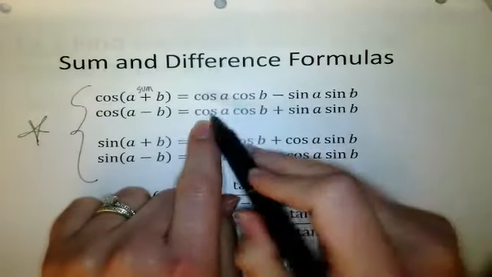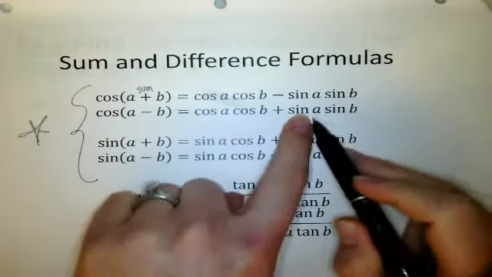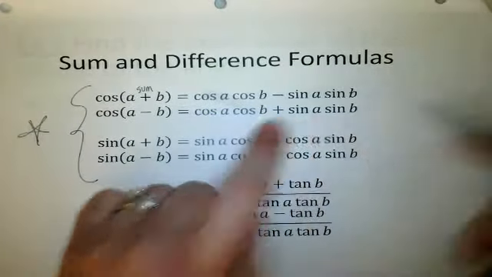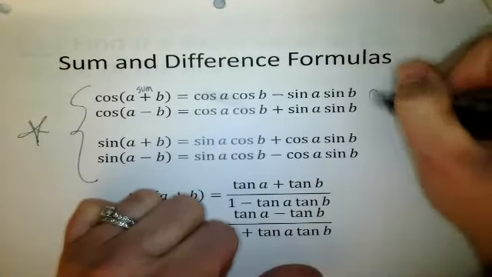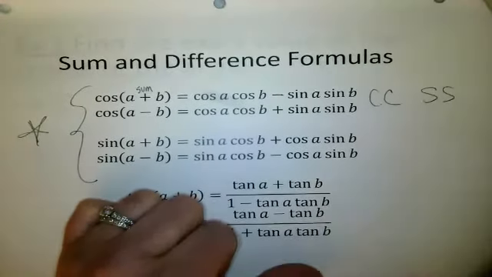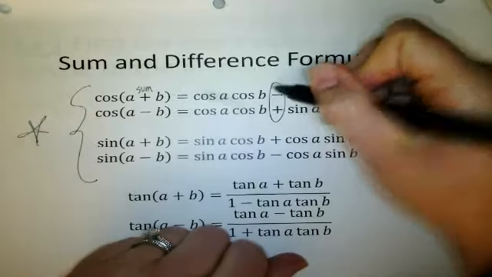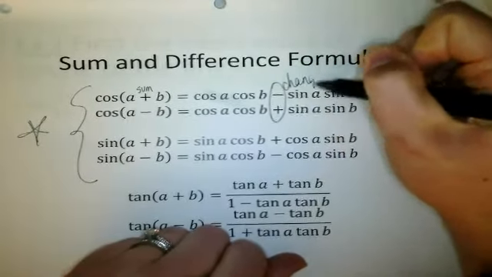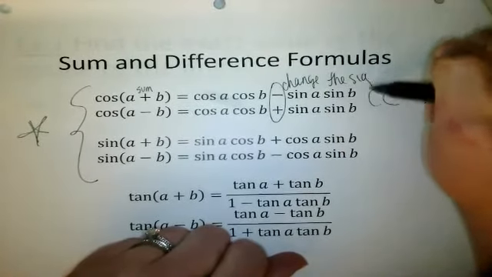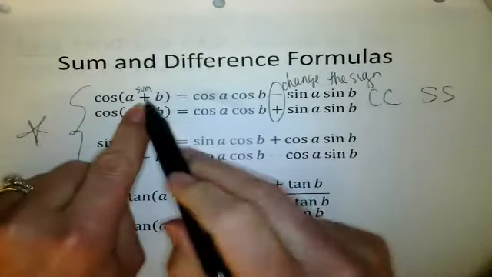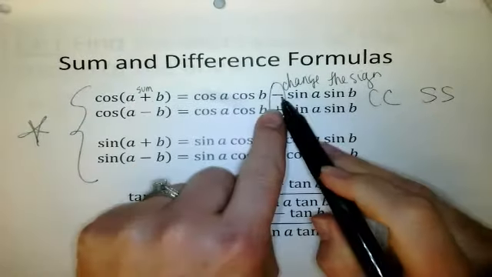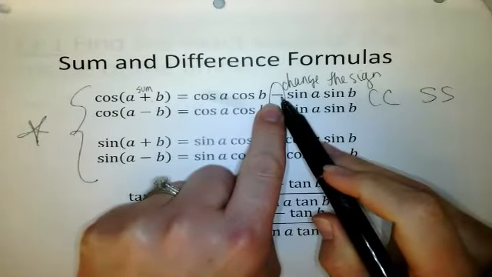You'll notice they're both cosine, cosine, sine, sine. That's what I remember. Cosine, cosine, sine, sine. And we change the sign. Whatever we started with, if it was sum, then we change the sign to subtraction in the middle, okay?